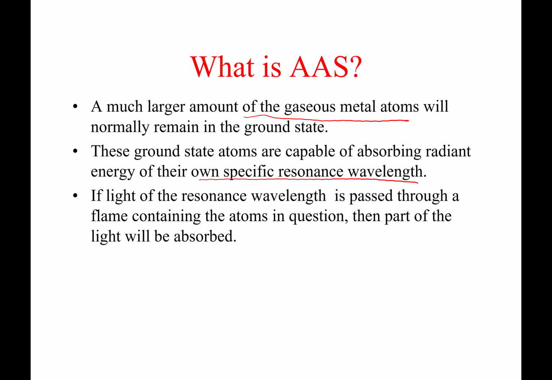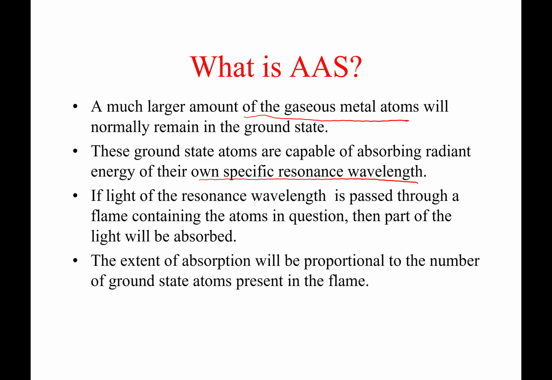So light goes through, you have radiant energy, incident light of that particular wavelength. And then part of that light will be absorbed, and what is absorbing that particular light are those atoms. And this is actually what we are describing here, what I expect in a lab report. Does that make sense? This is what I expect in a lab report.